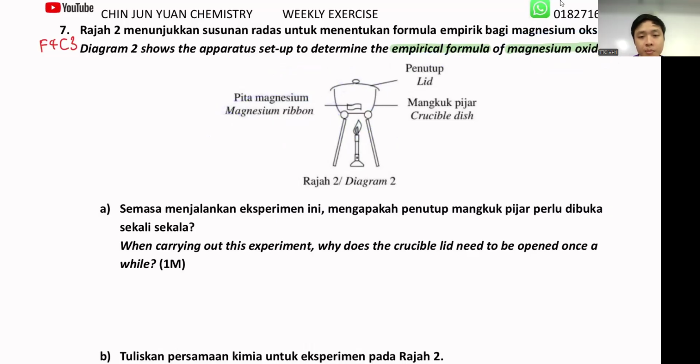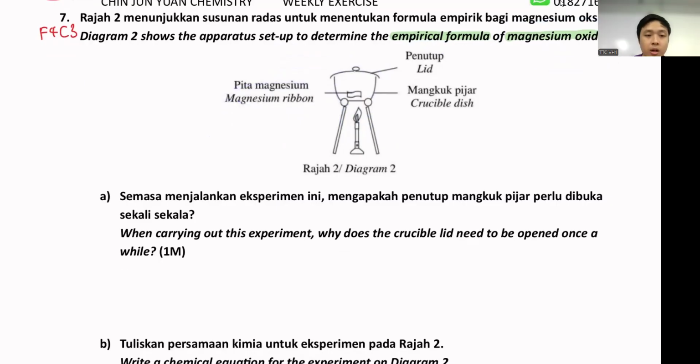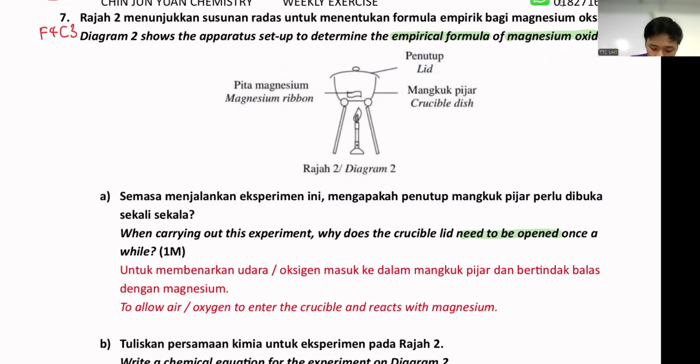so that it can react with the magnesium ribbon. The question asks, when carrying out this experiment, why does the crucible lid need to be opened once in a while? Even though I said just now you need to close it to prevent the white film of MgO escaping, at the same time you have to open it so that you allow the oxygen to enter so that it can react with magnesium.